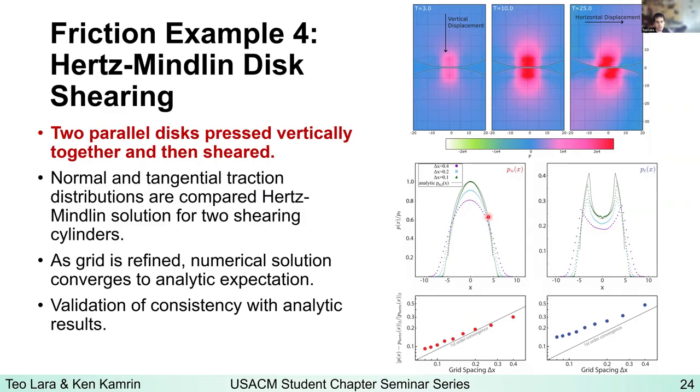And indeed, as we refine our grid study, right, we have the same simulation modeled on many different grid spacings, we observe convergence to this analytic distribution for both the normal components and the tangential components of the traction distributions, right? So this validates our contact, it's consistent with what we would expect analytically.